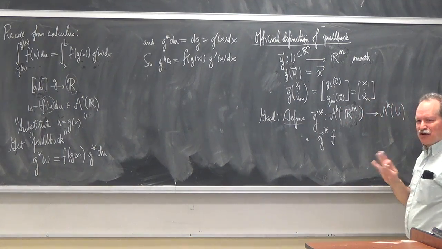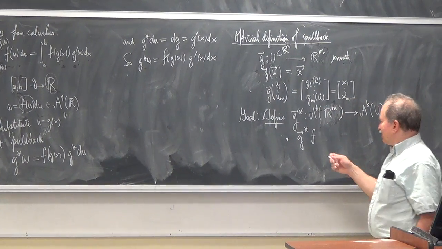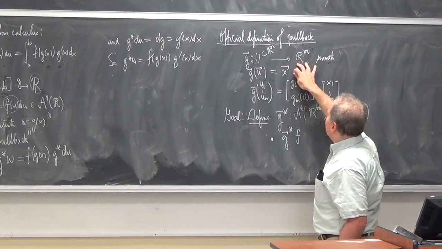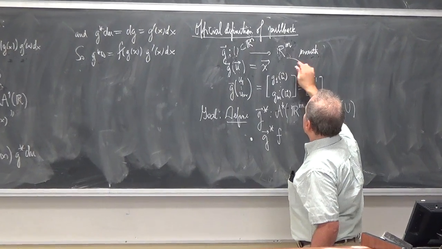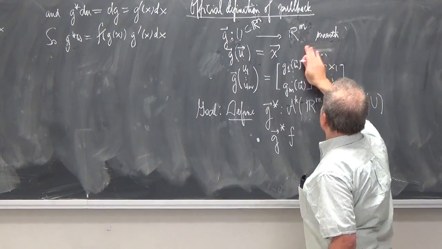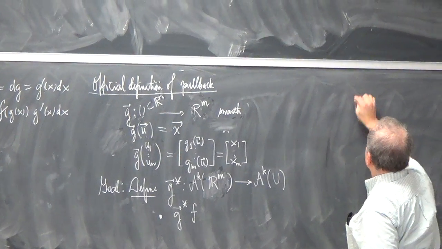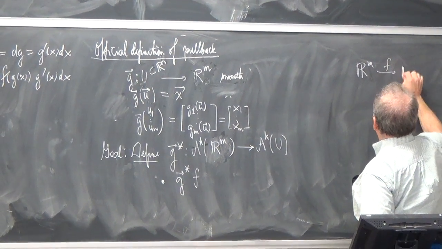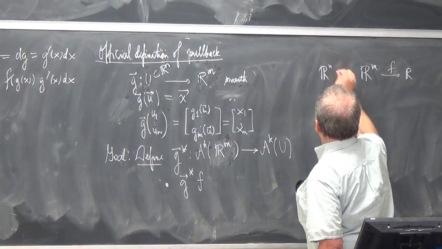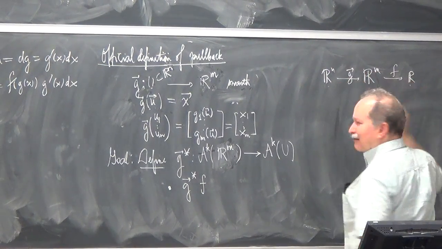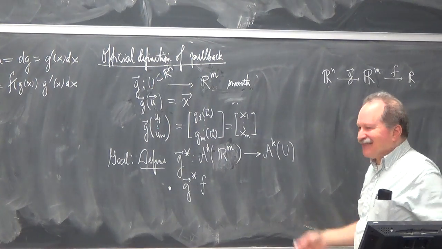No, I'm not doing derivative, I'm just saying I have a function mapping here, and I have a function g that goes here. How do I get a function from here to here? Composition. Compose. f of g.